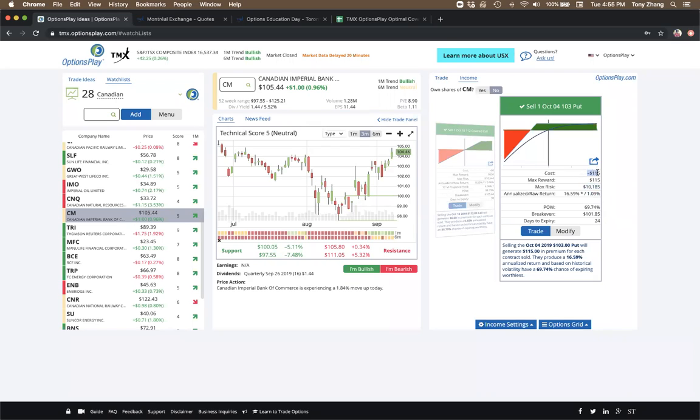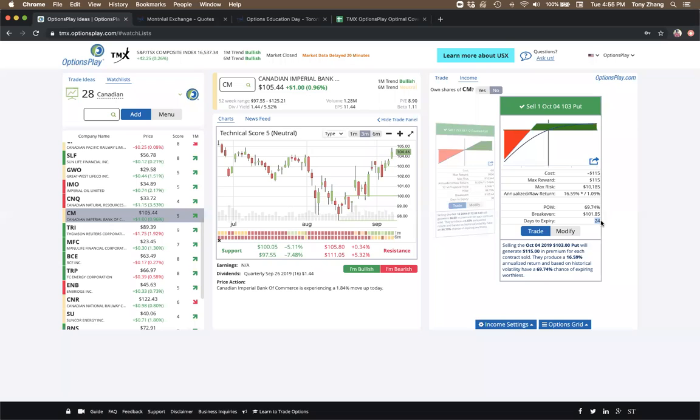And that reflects a $115 discount that you're receiving, which translates to a 1% discount on the underlying shares. So imagine being able to get a 1% discount over the next 24 days to purchase these shares instead of placing a limit order. Those are the types of returns that you can expect when you're selling cash secured puts.